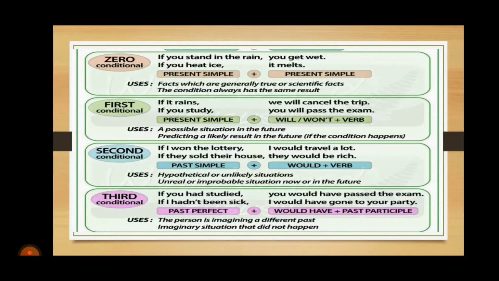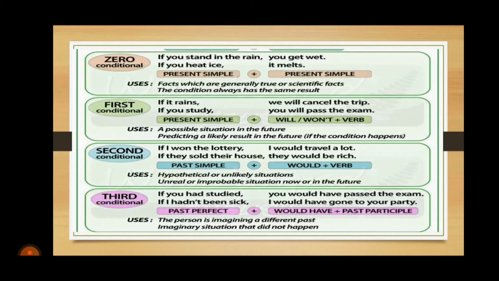If you study, you will pass the exam. So this is also an imaginary situation. In case you don't study, you will not pass. That is the point here. And when you take the second conditional clause, you take if plus simple past plus would plus verb. So if I won the lottery, won is a past tense, would is the past tense of will, and would plus travel.